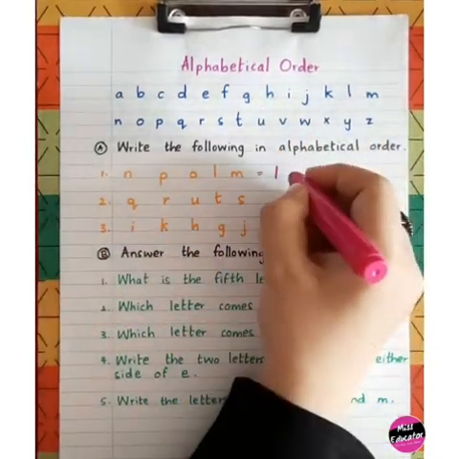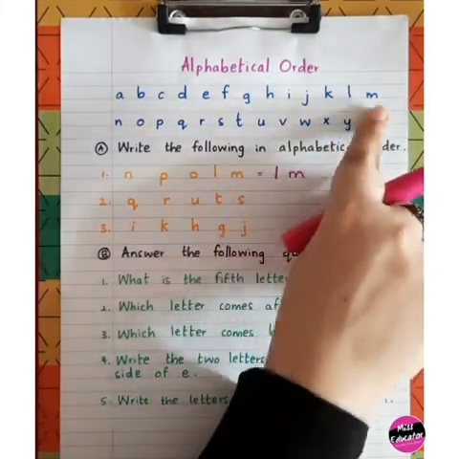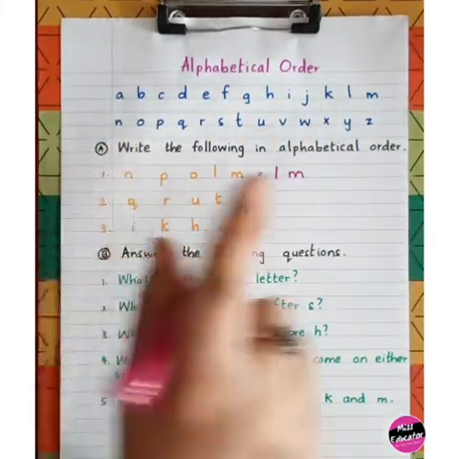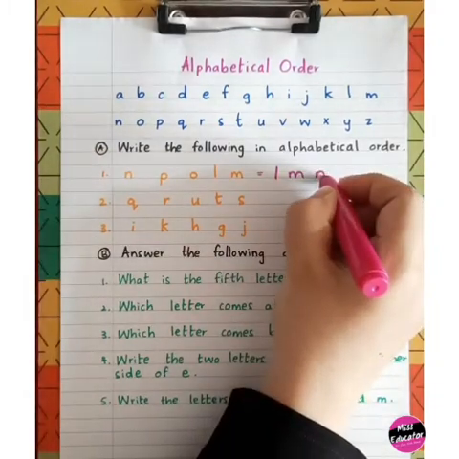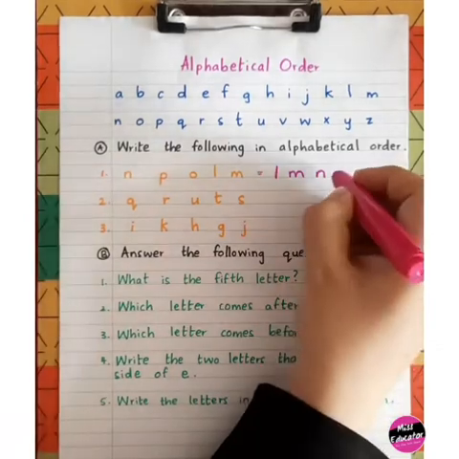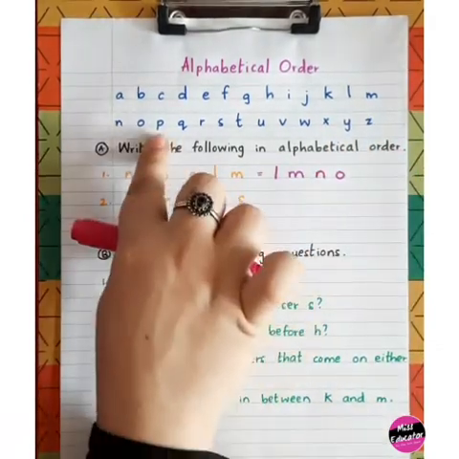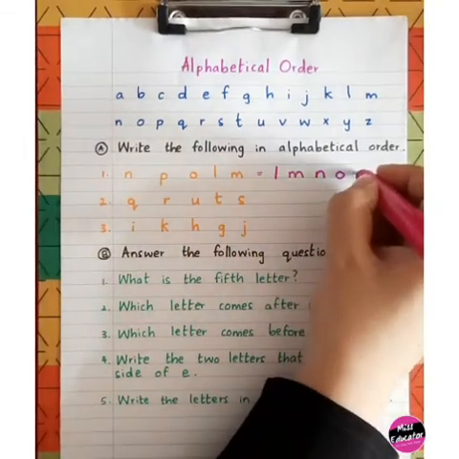M. What comes after M? N. After N comes O. So we will write O. And lastly, after O, we have P. So that becomes the last letter.